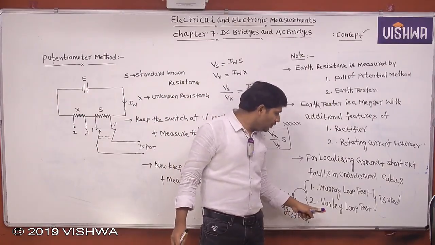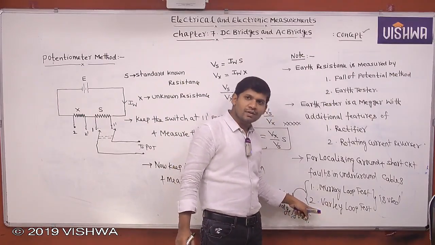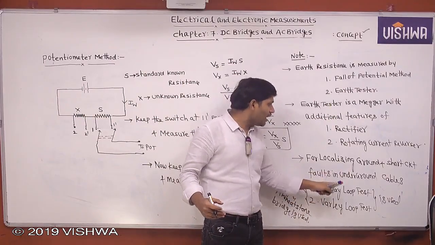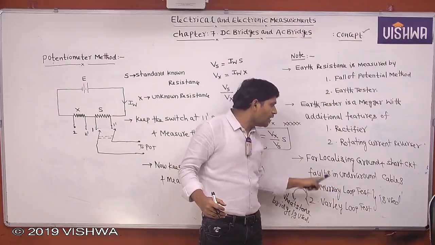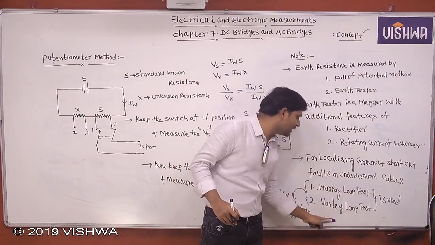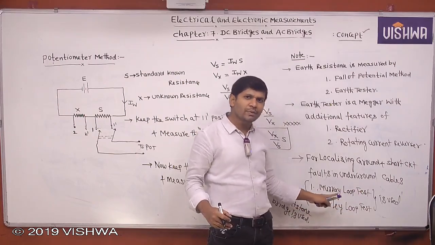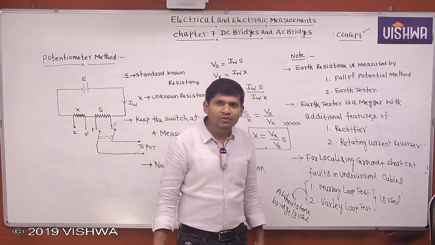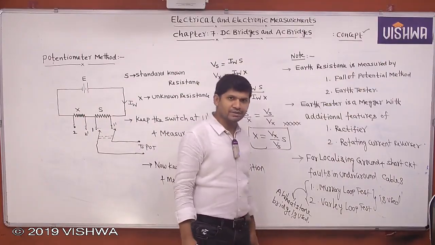The special feature of the Varley loop test is that it is more experimentally conducted. Locating ground or short circuit faults in underground cables with the Varley loop test is more experimentally conducted as compared to the Murray loop test. That is one advantage of the Varley loop test.